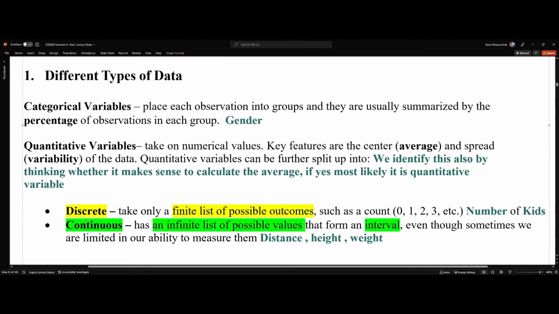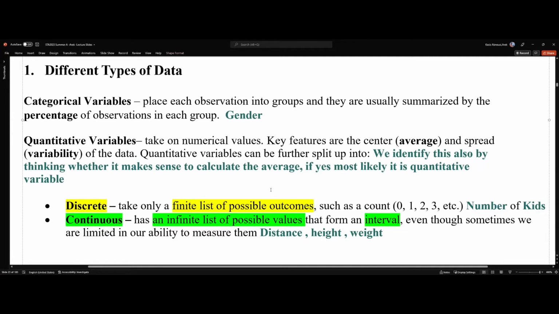The data points can be in an interval of any kind, it can be any real value, so 1.5, 1.222, etc. So for example, the average is a continuous quantitative variable, and usually they are counted in large intervals. An example can be the height or the weight or the distance or the average of a number.